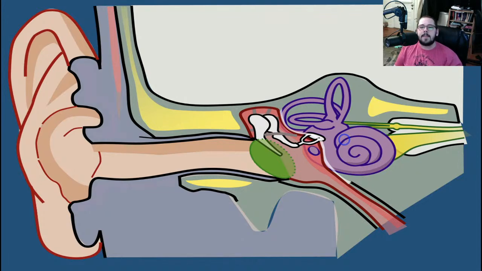All right, and it has a very specific purpose, okay? It's all kind of wound up like a snail. And if you were to do a little bit of searching online, I'm sure you could find diagrams of it all straightened out. But essentially, inside of this organ is a bunch of fluid and little hair-like membranes.